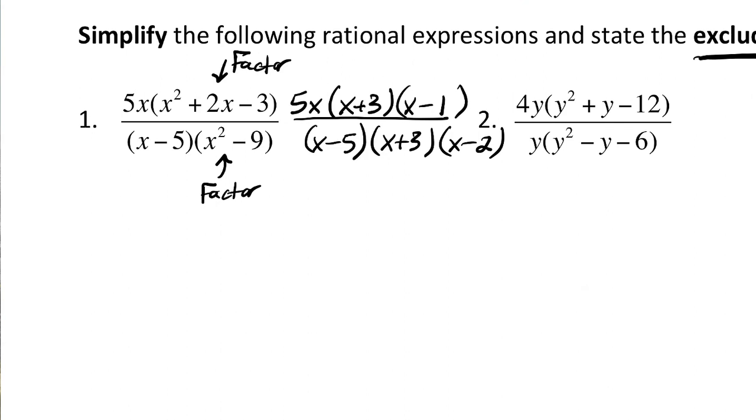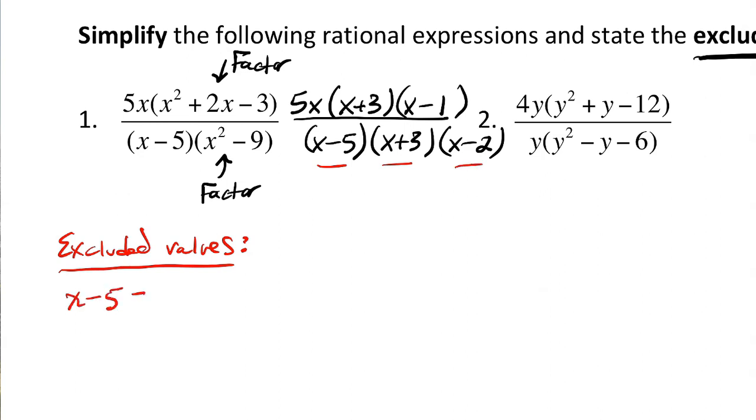But before we do that, for what values of x would this fraction be undefined? So the excluded values. To determine what the excluded values are, you would state that each of these factors cannot equal 0. This is probably something eventually you'll just do in your head, but I'll write it all out for you.